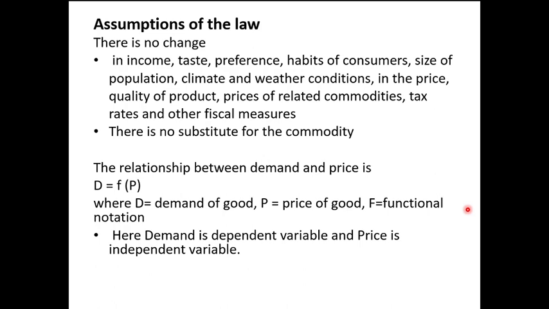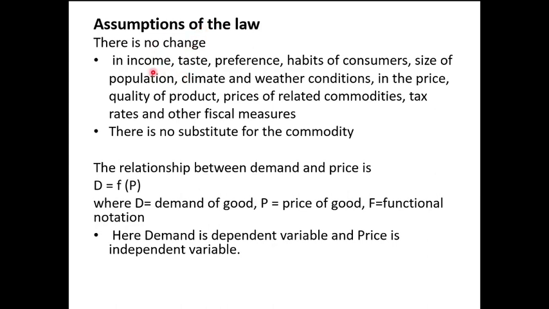There is no change in income, no change in taste, no change in preference, no change in habit of the consumer, no change in size of the population, no change in climate or weather condition, no change in price and quality of related commodities, tax and any other fiscal measures. Clear? So this is the assumption of the law.